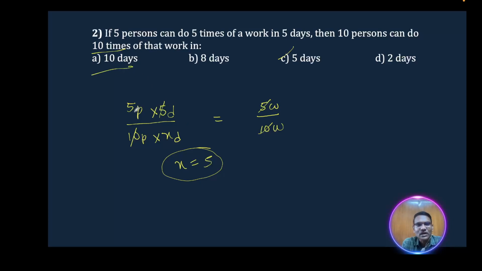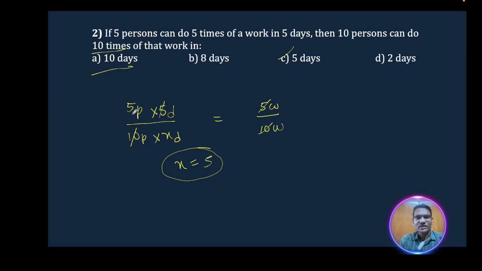Here all 5 persons do 5 units of the work in 5 days. They are working all 5 days. All 5 persons work all 5 days to complete 5 units of the work. Even for 10 persons to do 10 units of the work, they have to work only 5 days.